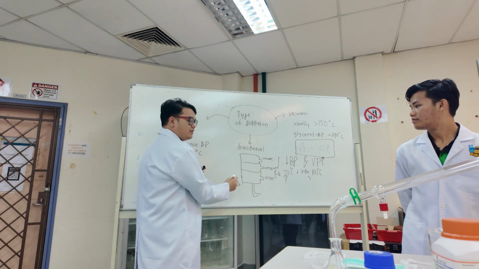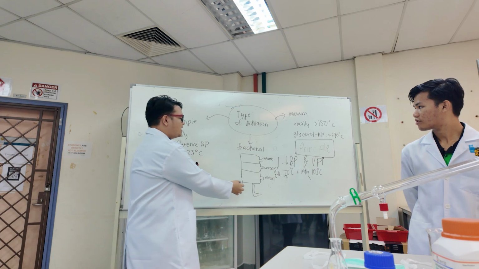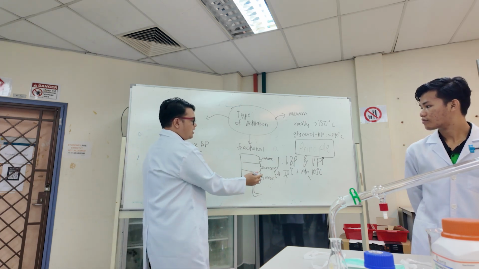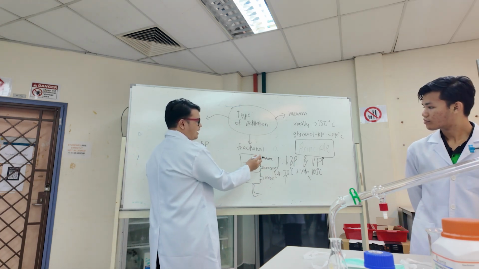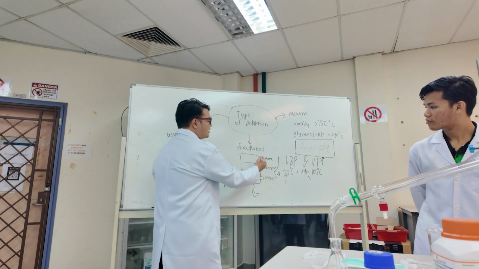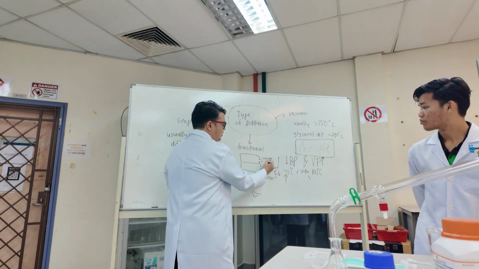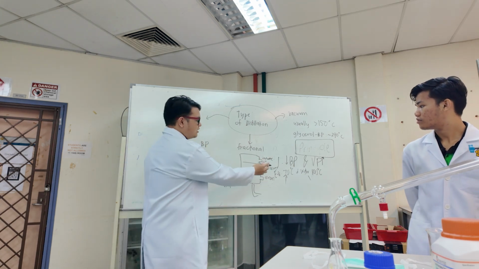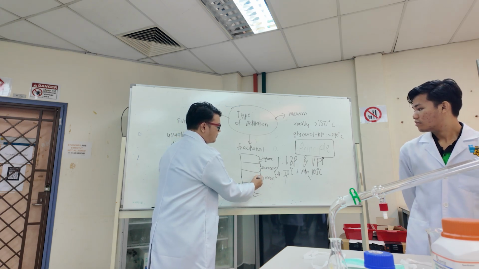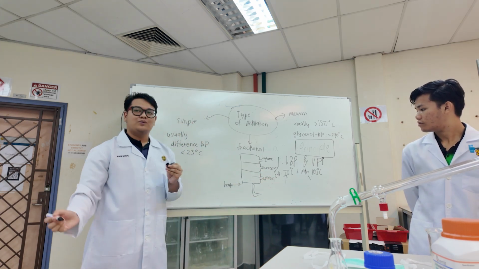So when the heating occurs, the lowest boiling point will condense first. So the condensed solution will go out at the top, while the highest boiling point will go out at the lower part of the fractional distillation.